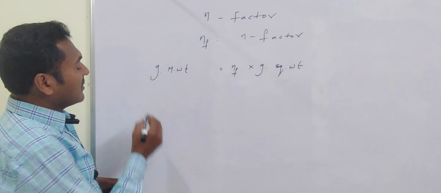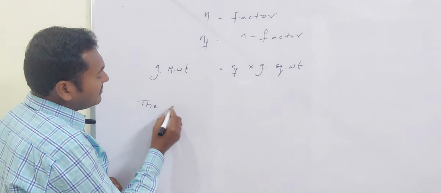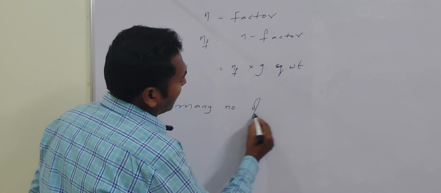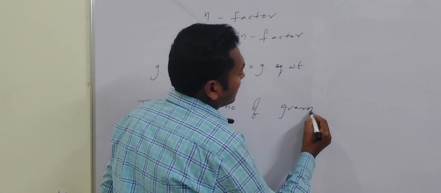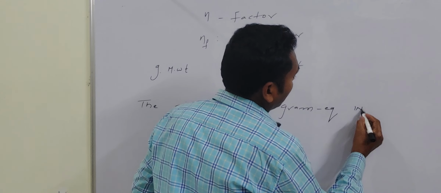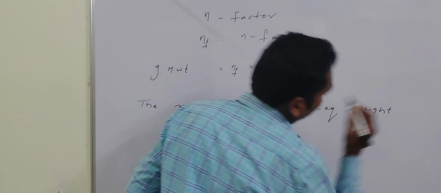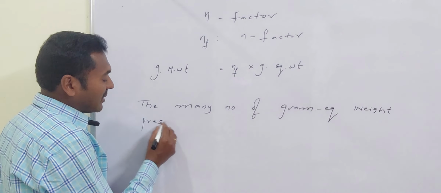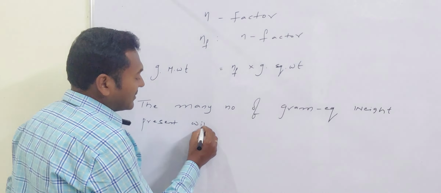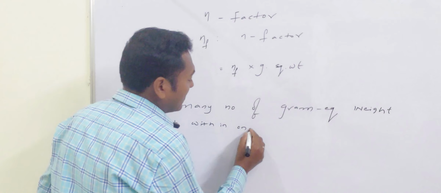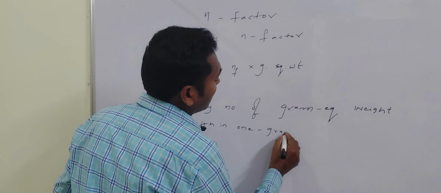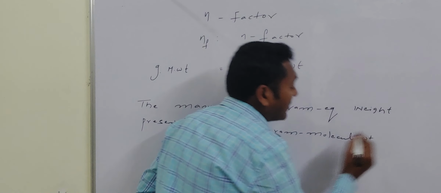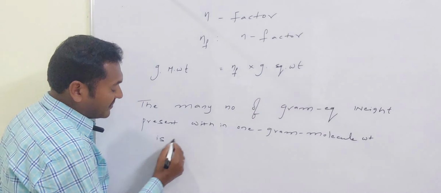By definition, the number of gram equivalent weights present within 1 gram molecular weight is known as its n factor.